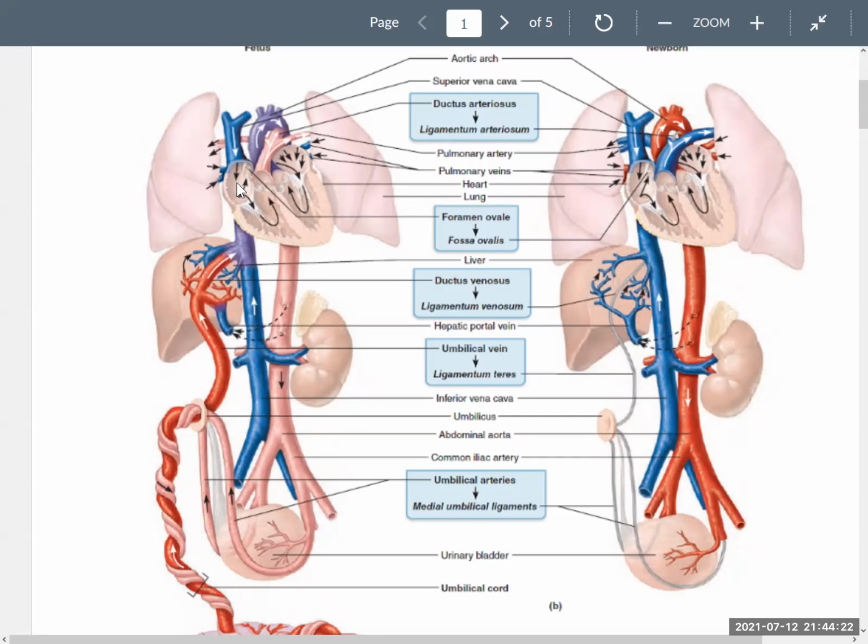Well, one thing that can happen to it is just like in the adult. It goes down through the tricuspid valve into the right ventricle, through the pulmonary semilunar valve, into the pulmonary trunk. Now here they're showing the pulmonary trunk, and they're showing it pink because they're saying it's oxygenated.